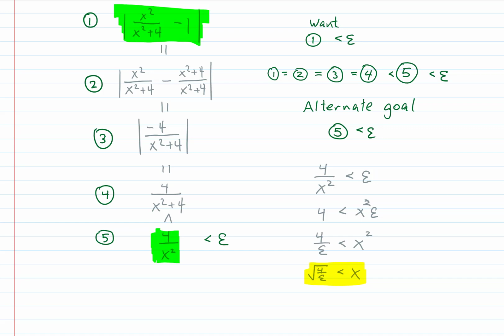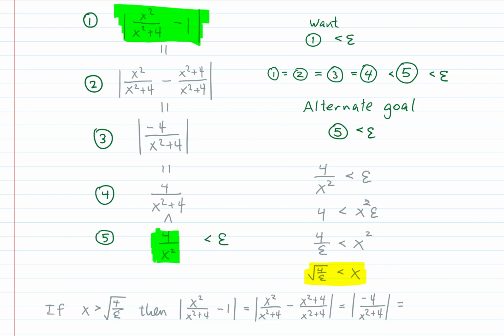And now I can say, if x is greater than the square root of 4 over epsilon, then the distance between f of x and 1 equals, and I'm just basically going to write down what I did in my scratch work, which equals this, which equals this, which is less than this, which will be less than epsilon.